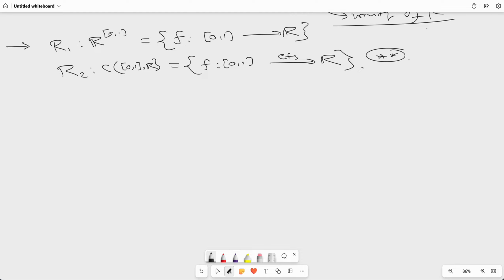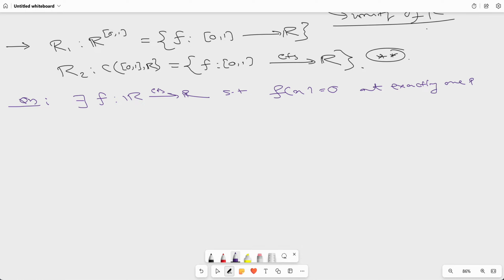So I'm going to give a question here. Does there exist a function f from R to R which is continuous such that f(x) is equal to 0 at exactly one point?